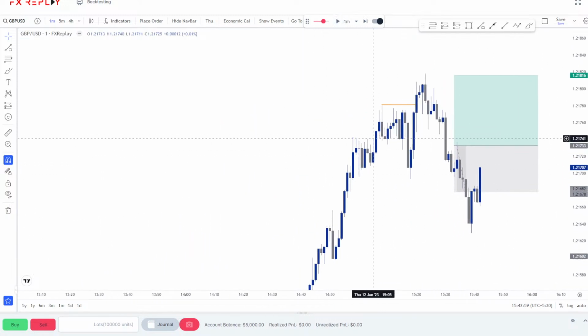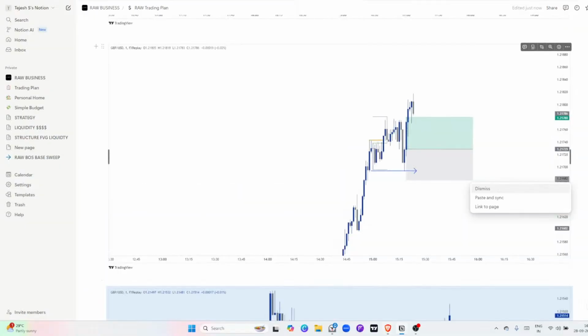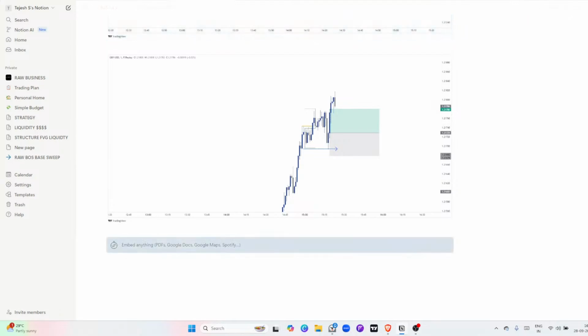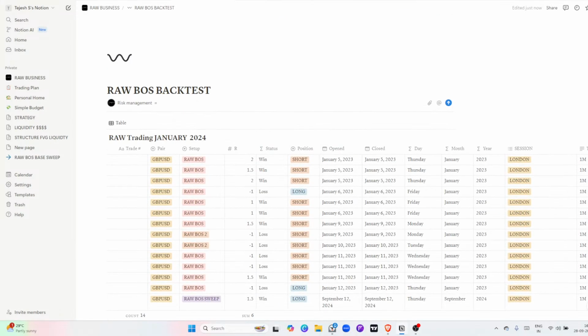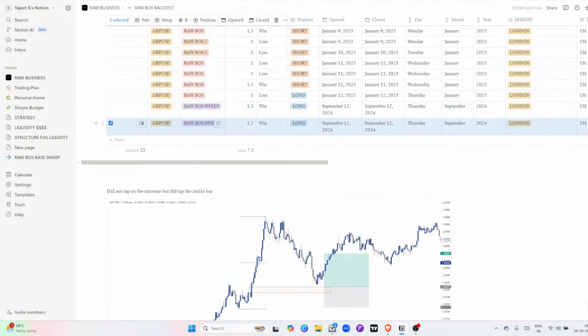This is our raw break of structure, second. So this is a loss. Let's just mark it out. Two back-to-back losses. Second minus 1. Let's just take this out.